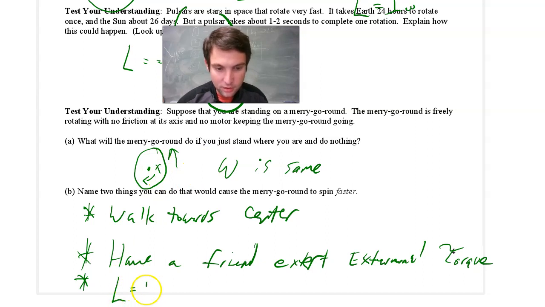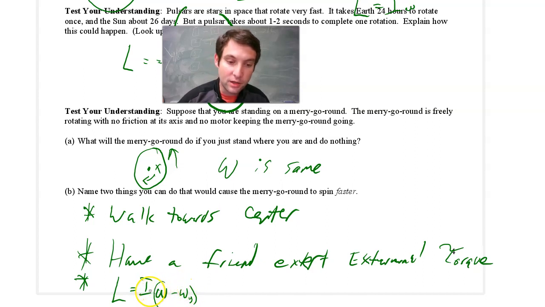L equals I omega, and angular momentum is always conserved. So if this is staying the same, but this becomes ω minus ω of you, adding in that negative angular velocity is going to decrease our angular velocity term right here, which is then going to mean it's going to need to rotate faster right here. It's going to have to compensate for your angular velocity.